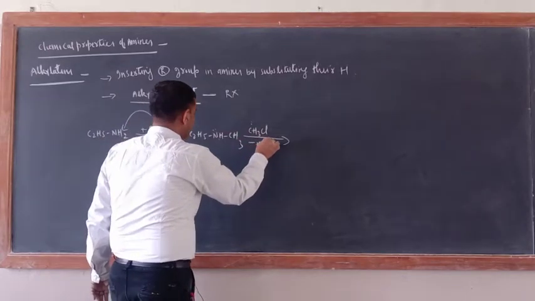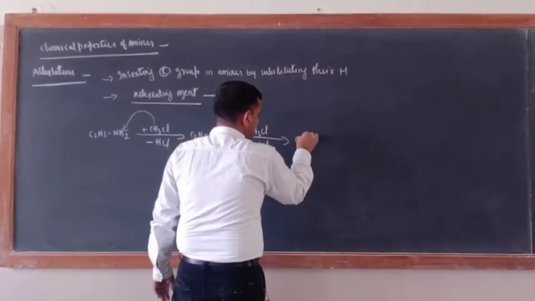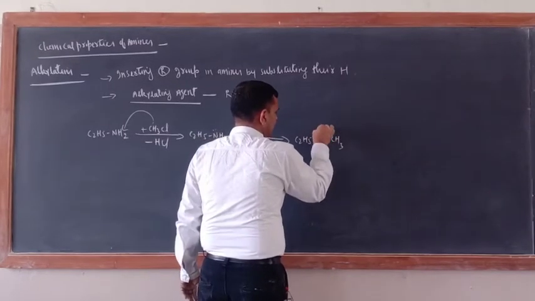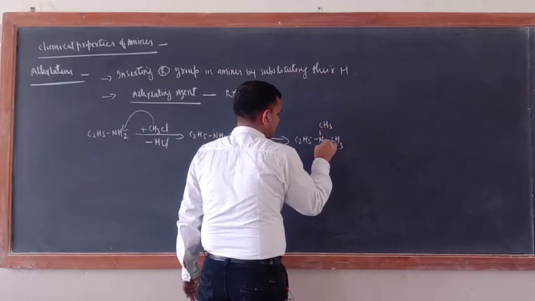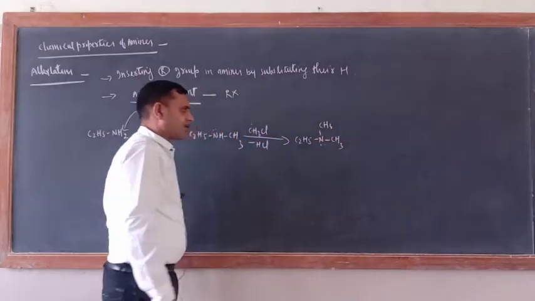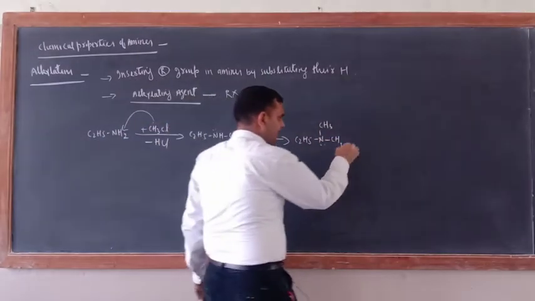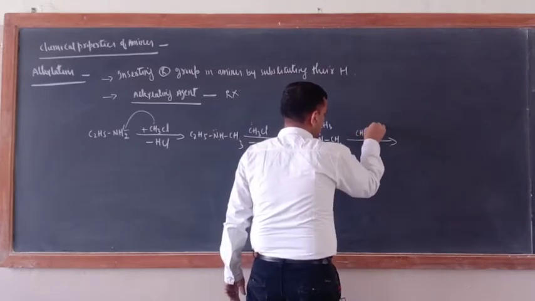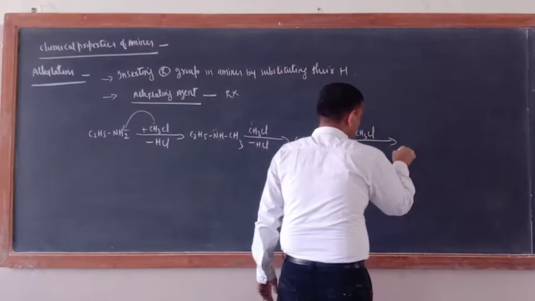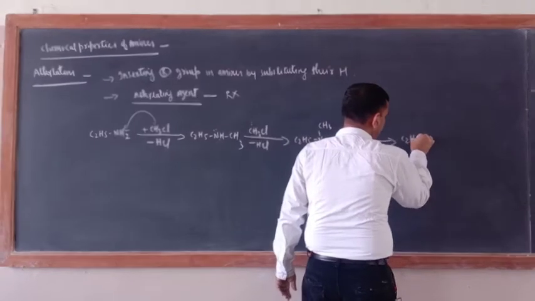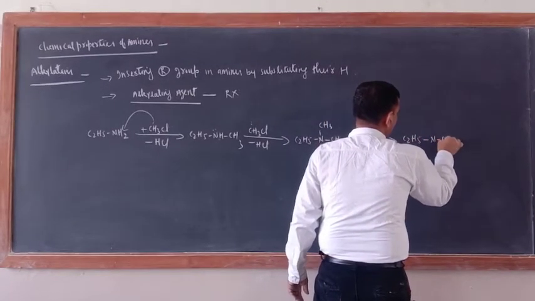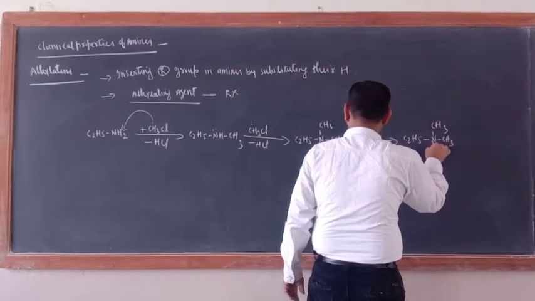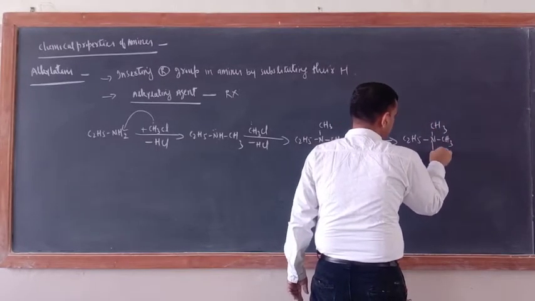Here we have C2H5N with CH3 and CH3. Now a lone pair of electrons is still there, so it can react further with CH3Cl. This time we get C2H5 and N; already 2 CH3 were added, and a fourth one will be added here, CH3.